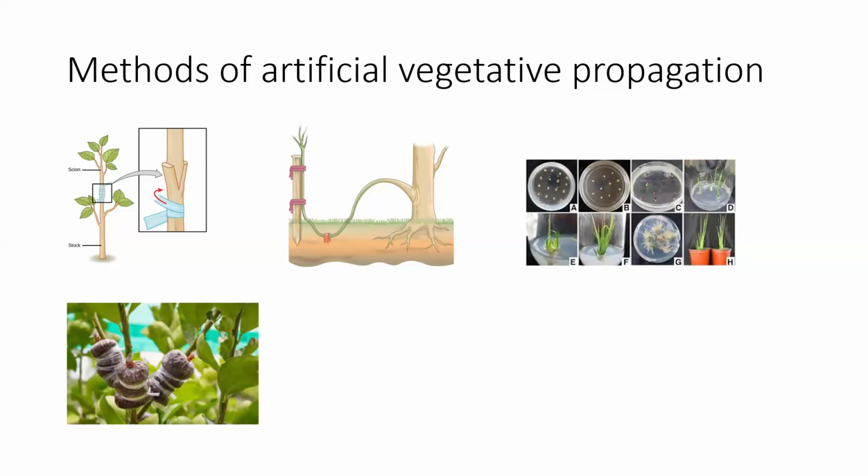Actually, in layering, you're pushing the stem to the ground so that it can develop roots into the soil. But in marketing, you're actually carrying the soil up the stem. Another difference is that with layering, you don't need to remove the bark to go to the xylem.